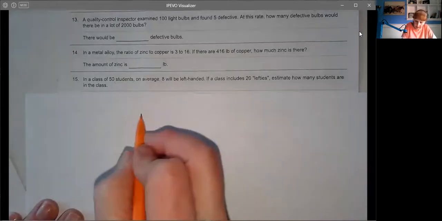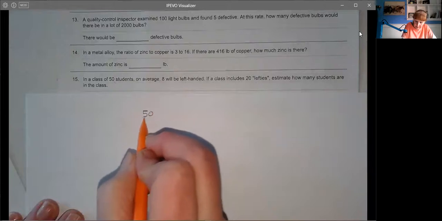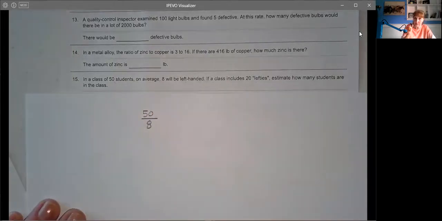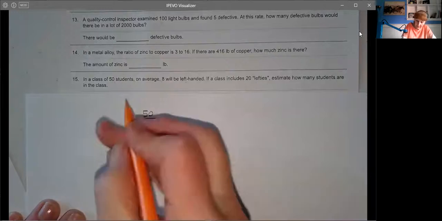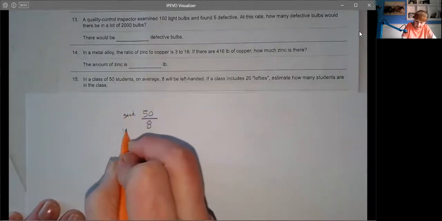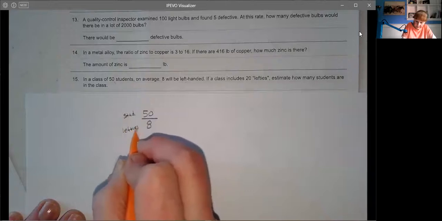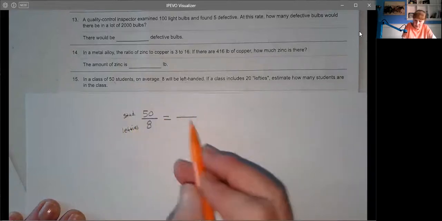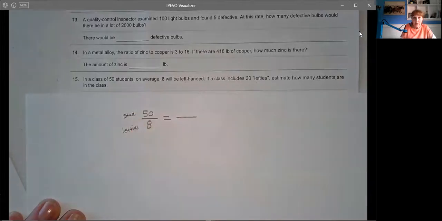So let's go ahead. We've got 50 students and we have 8 lefties. That came from our first sentence. That's the relationship between the two. This is students and this is lefties. So I know over here, whatever was given, we have to match.